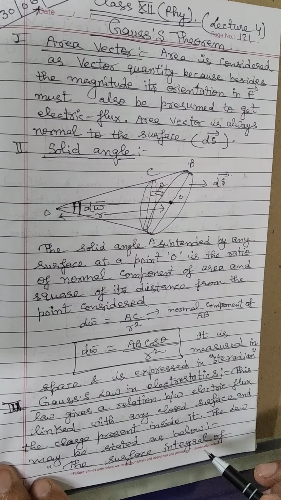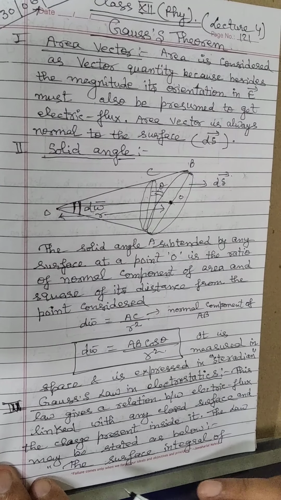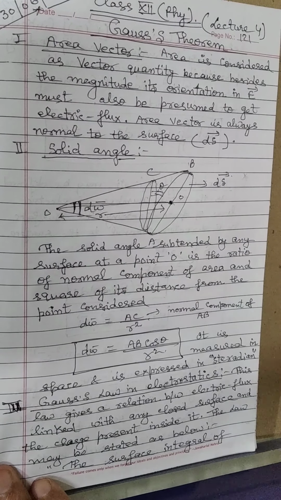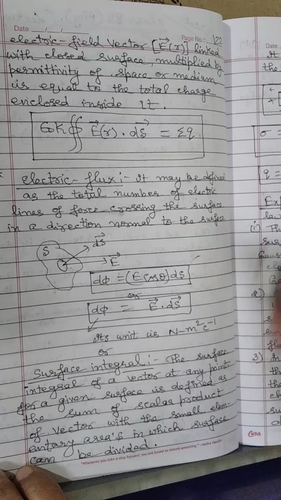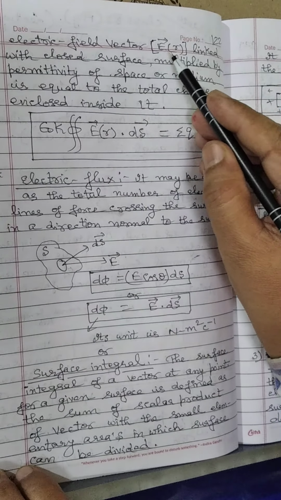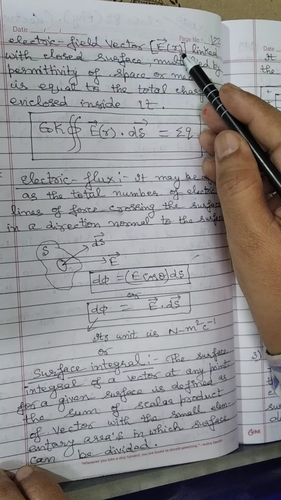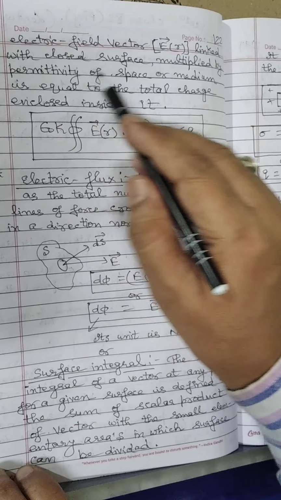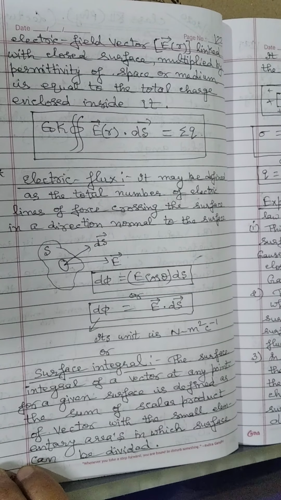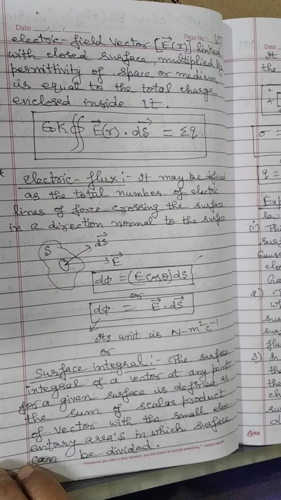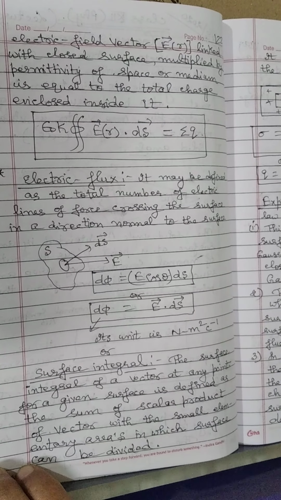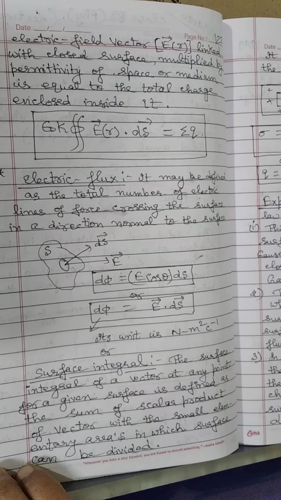The law may be stated as follows: the surface integral of the electric field vector E(r), where r shows the position vector linked with the closed surface, multiplied by the permittivity of free space or the medium, is equal to the total charge enclosed inside the surface. The surface is known as the Gaussian surface. If several charges are present, then sigma q will be equivalent to q1 plus q2 plus q3 and so on.